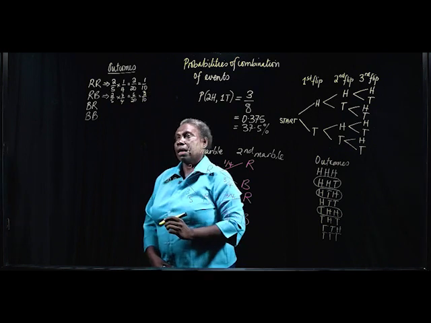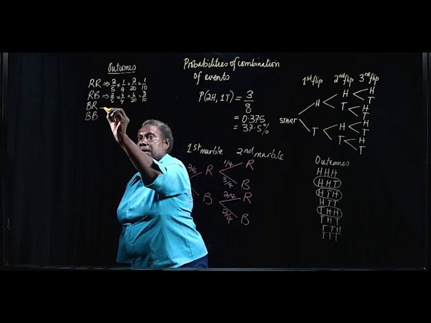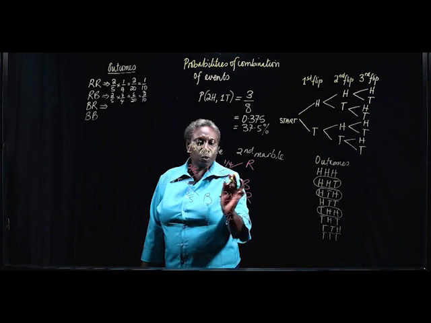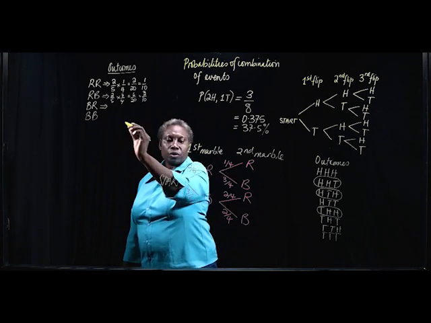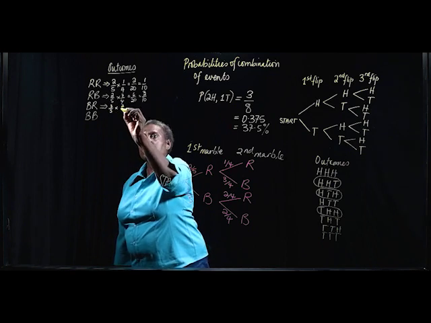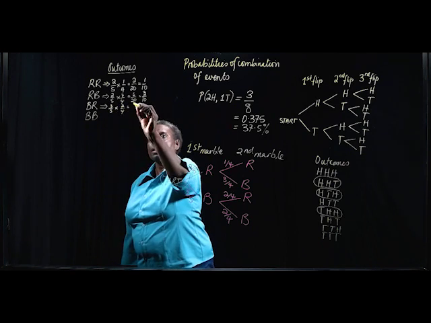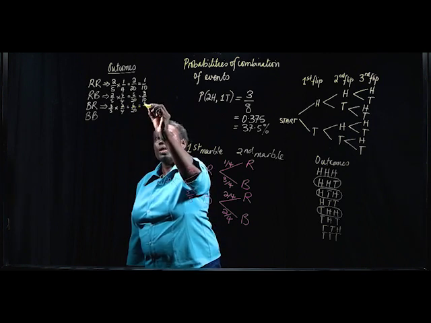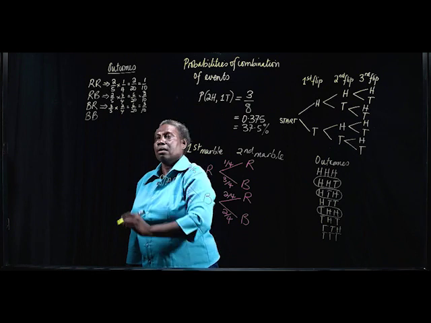And then, again, if we look at this branch, I have one blue marble and one red marble, so the probability is 3/5 times 2/4, which is again 6/20, and that is 3/10.